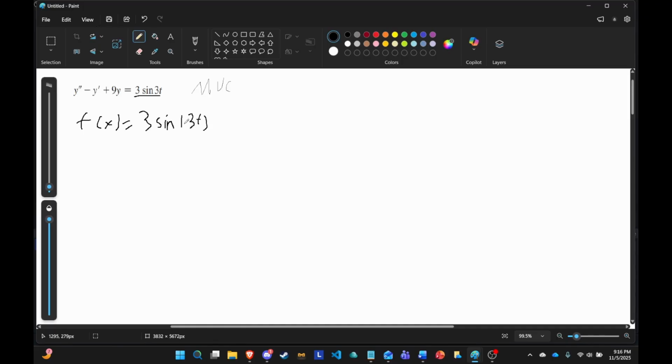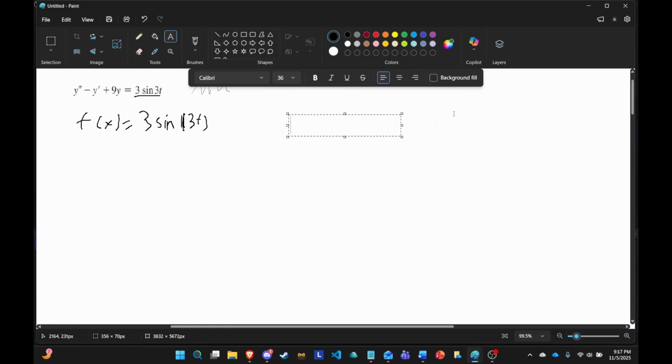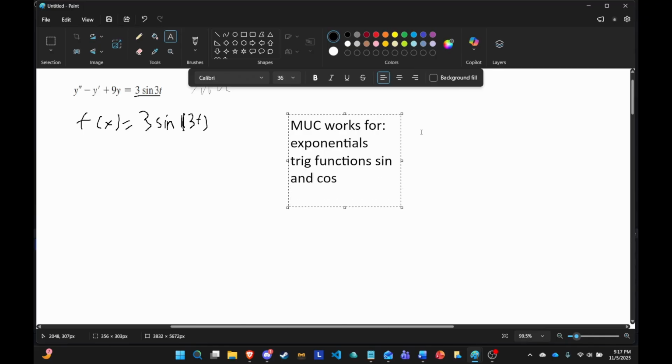In fact, MUC works for any product of functions that include the following: exponentials, trig functions, sine and cosine, and it also works for polynomials.